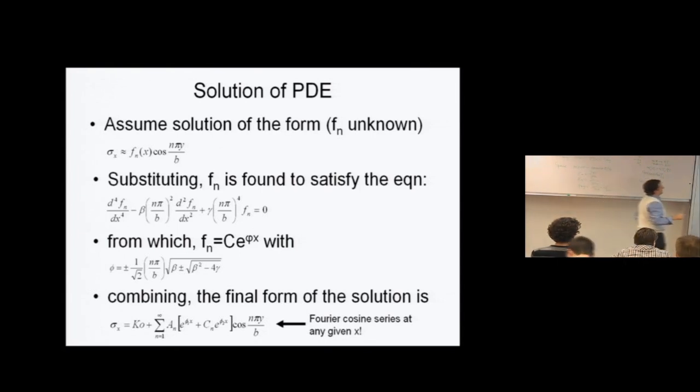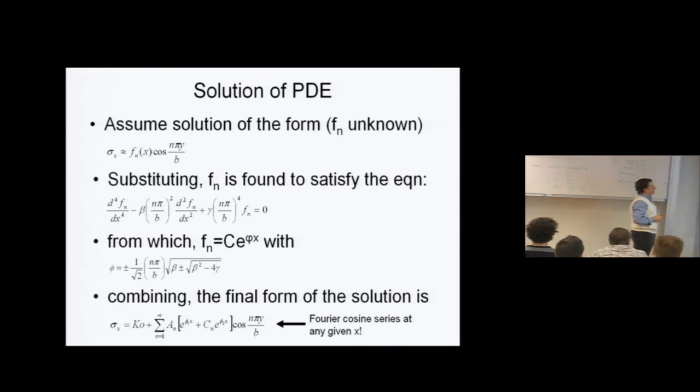I assume that the solution will be some function of x times cosine n pi y over b, for reasons that will become obvious in just a little bit.